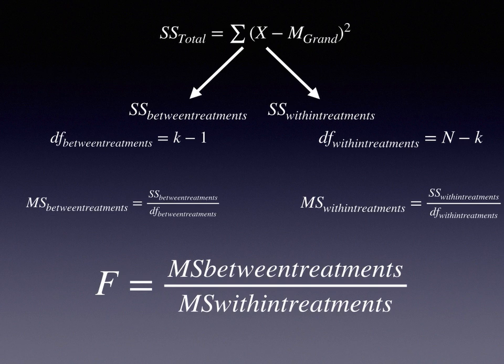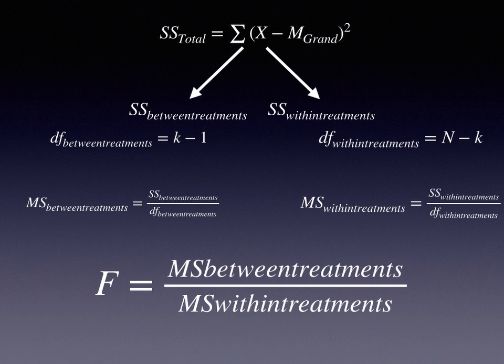If the null hypothesis is true, then there's no treatment effect, and you're essentially dividing variability due to chance and individual differences by variability due to chance and individual differences.